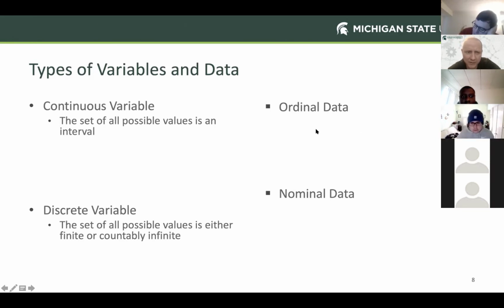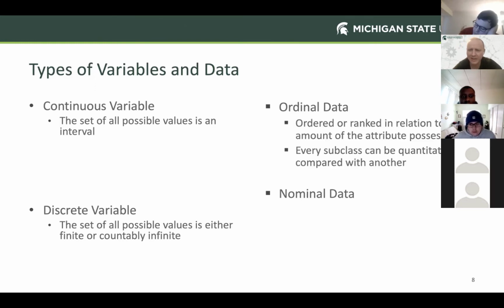Ordinal versus nominal data really talks about the values that we're assigning to data elements. And so, for example, when we talk about ordinal data, the term ordinal simply means that we can order or rank the amount of some attribute that's possessed. So, for example, if we look at speed data, those are naturally ordered.